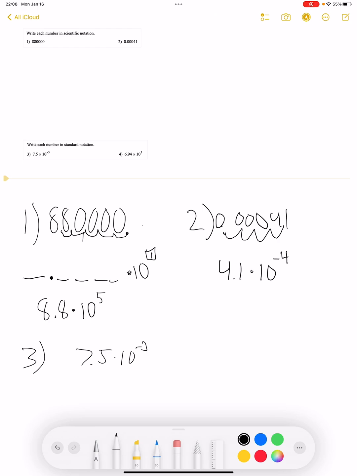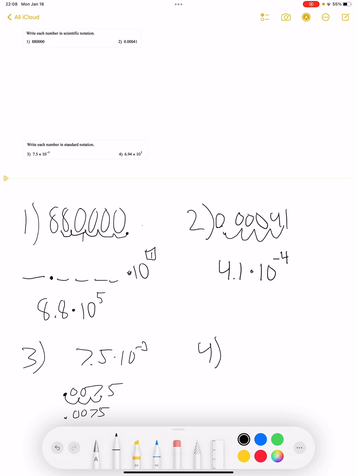So when I started, I'm counting to the right, so I would have 7.5. With the -3rd, I'm going to count 1, 2, 3 to the left. And then here's my decimal point, so I need to add in 1, 2 zeros to it. And so I would get 0.0075. Because it's -3, I'm moving to the left to kind of put it back, 0.0075.